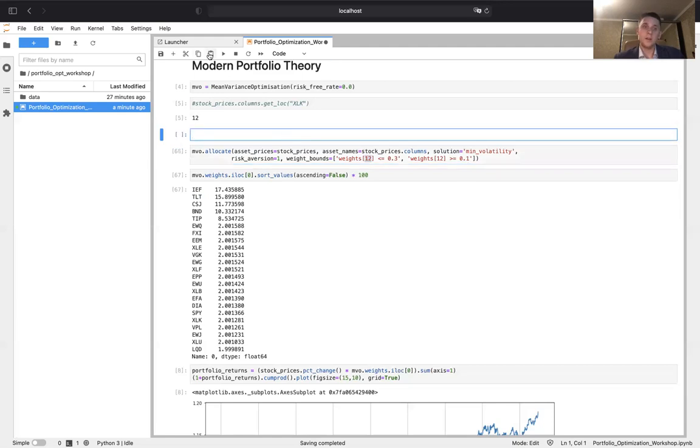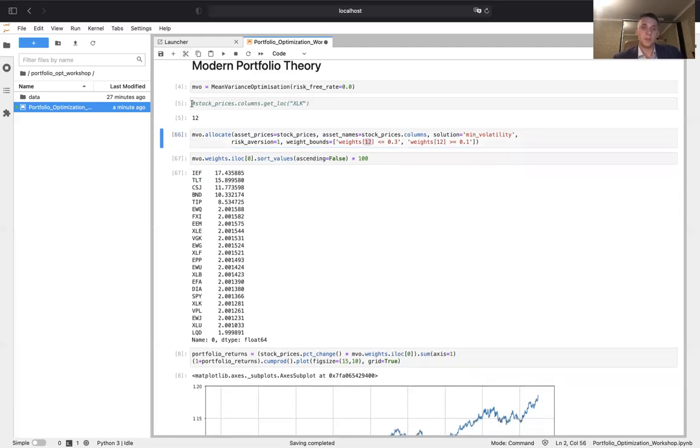But how can we find the location of IEF stock in our portfolio? There is a very good pandas function which is called get_loc. We need to understand what is the integer index of IEF stock in our asset names list. So we want to find IEF stock here, and its position is 5.